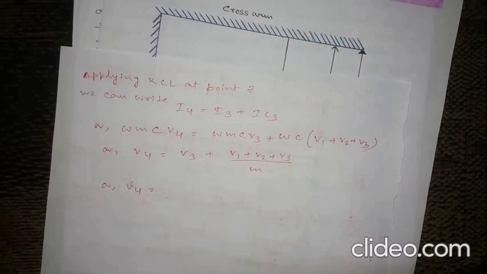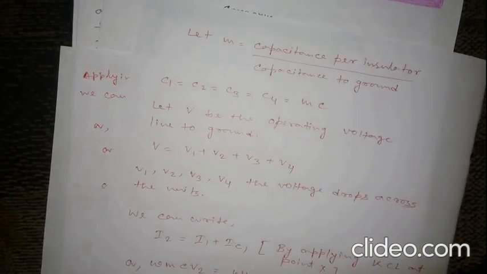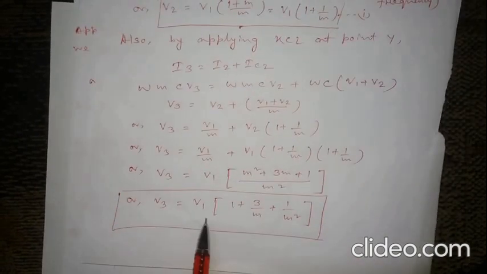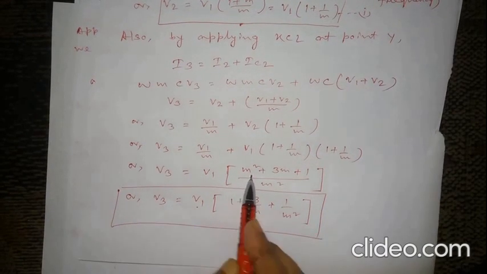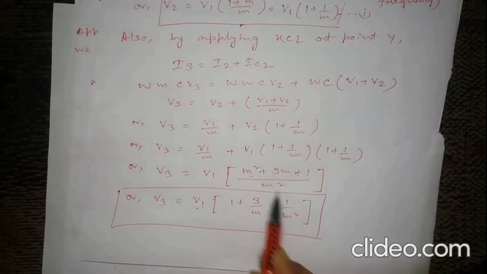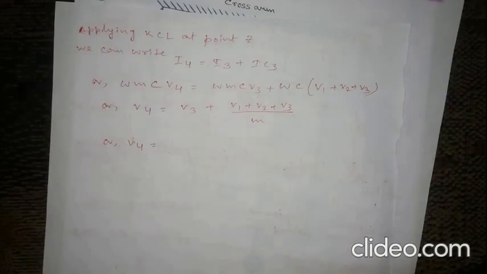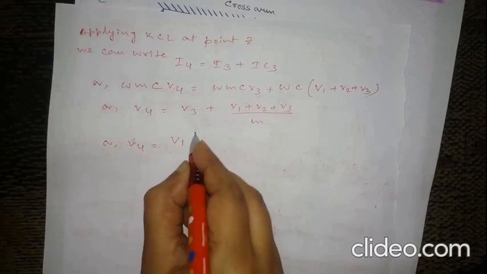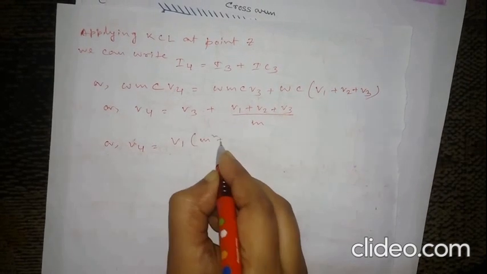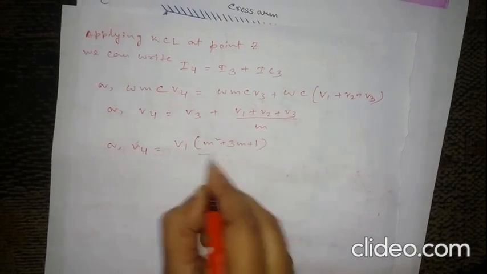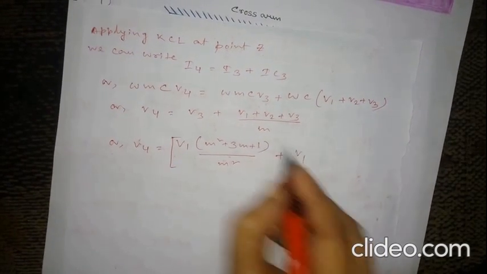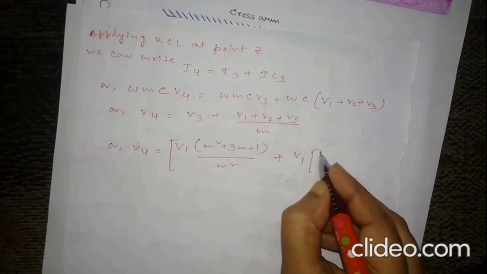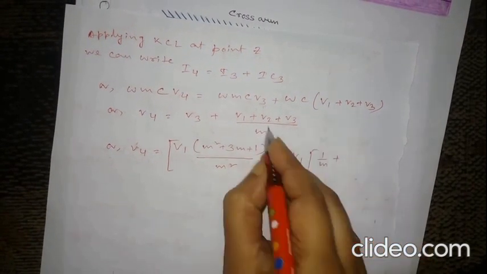Now put this value of V3, that we know V3 equal to V1 (M square plus 3M plus 1) by M square, plus V1, we can write 1 by M plus V2.